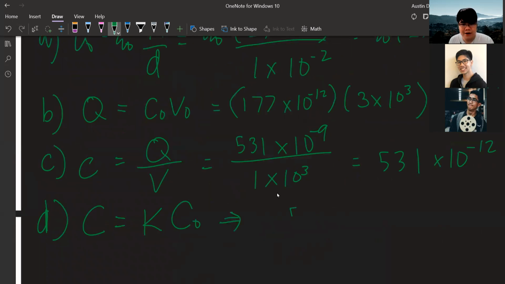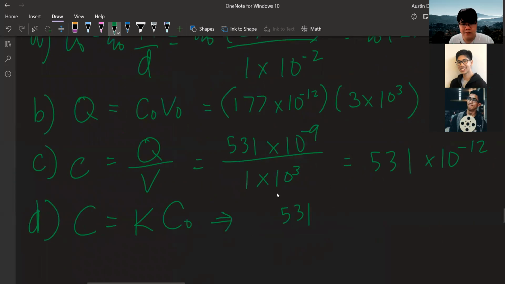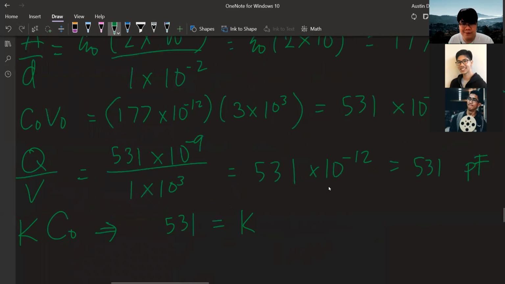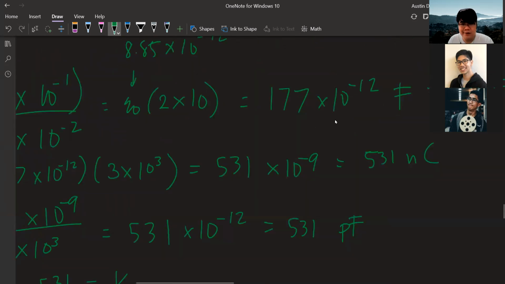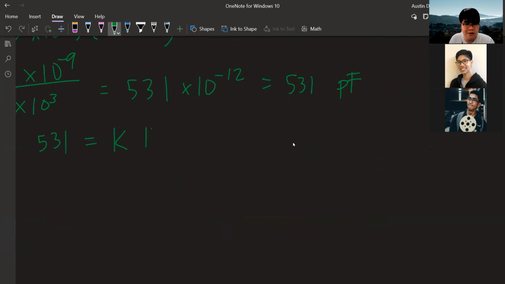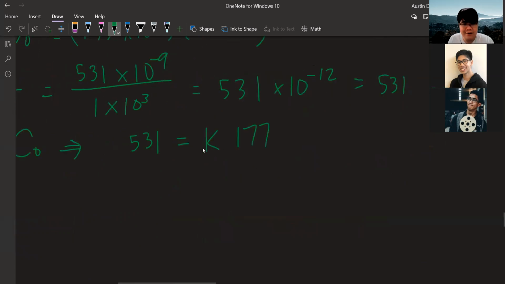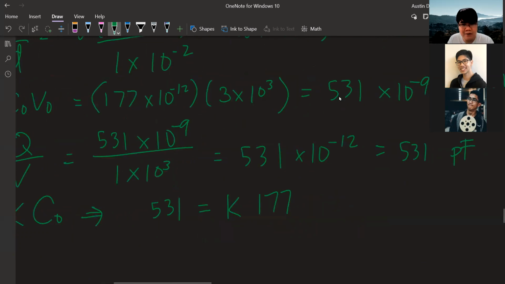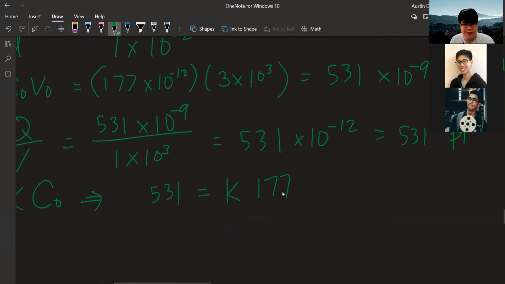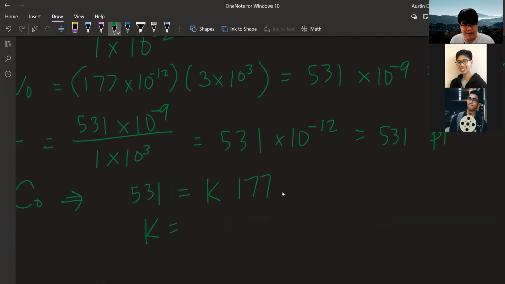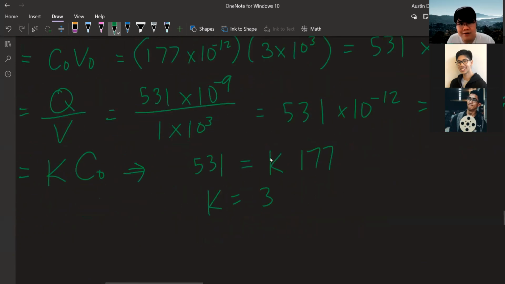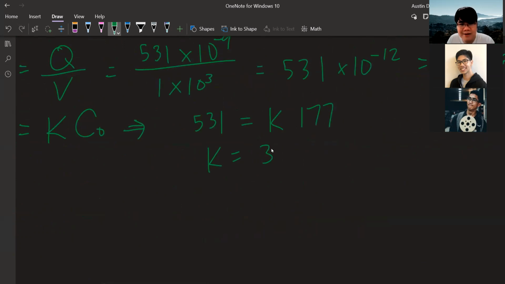So this is actually 531 must be equal to K. Tinanggal ko na yung mga times 10 to the 12 kasi picofarad dun yung una natin nakuha. 177 picofarads. And napunta yung 177 to 531 by a factor of 3. Okay. So, ayun sinasabi kong pwedeng mentalin. So, K is just 3. Okay, so divide nyo na lang kung hindi kayo komportable sa sinasabi ko.